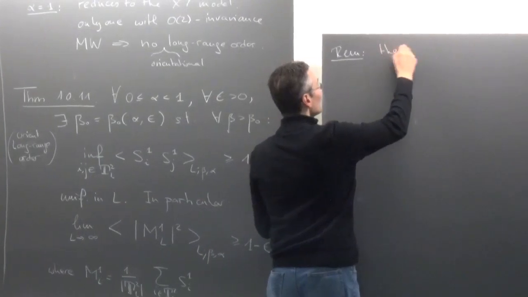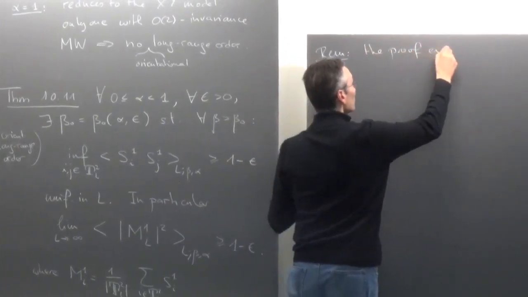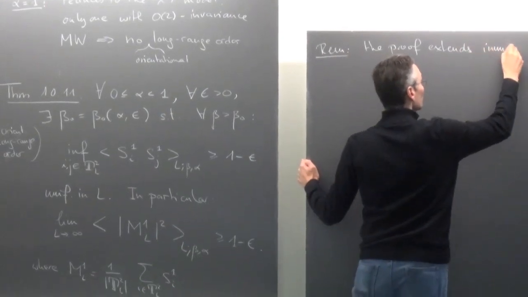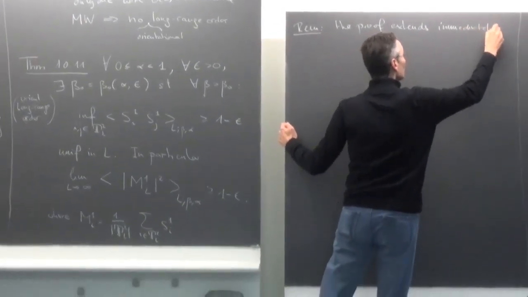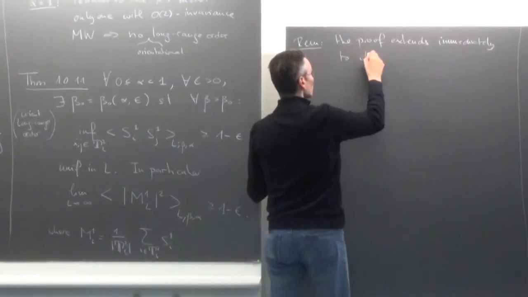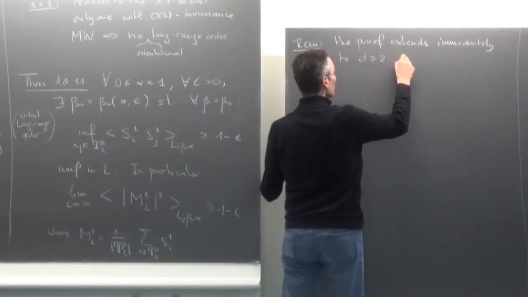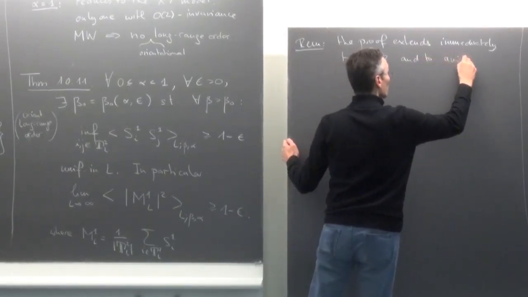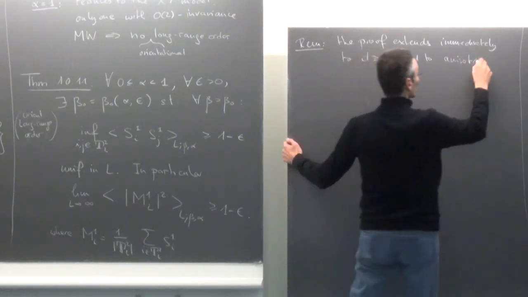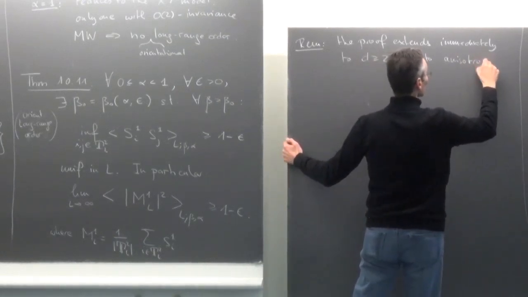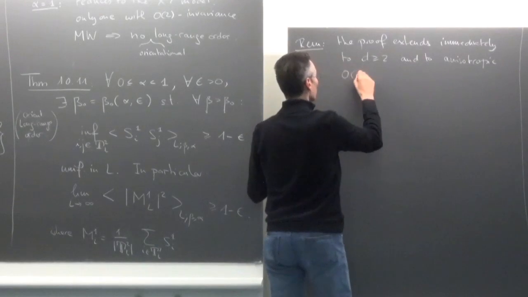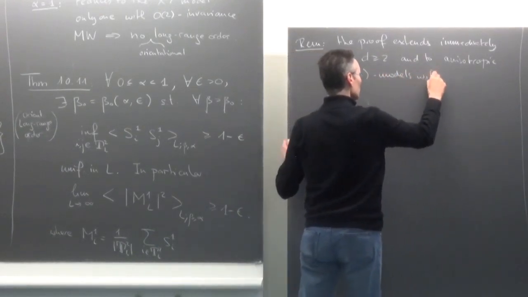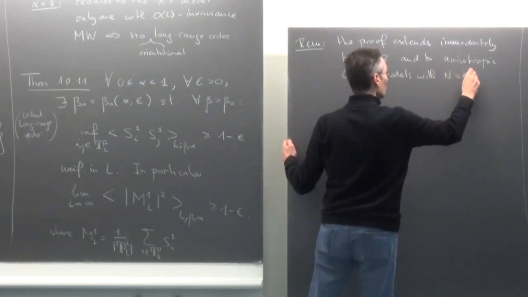The proof extends immediately to the case d greater or equal to 2, and to anisotropic, not only XY model, but anisotropic O(n) models with n greater or equal to 2.